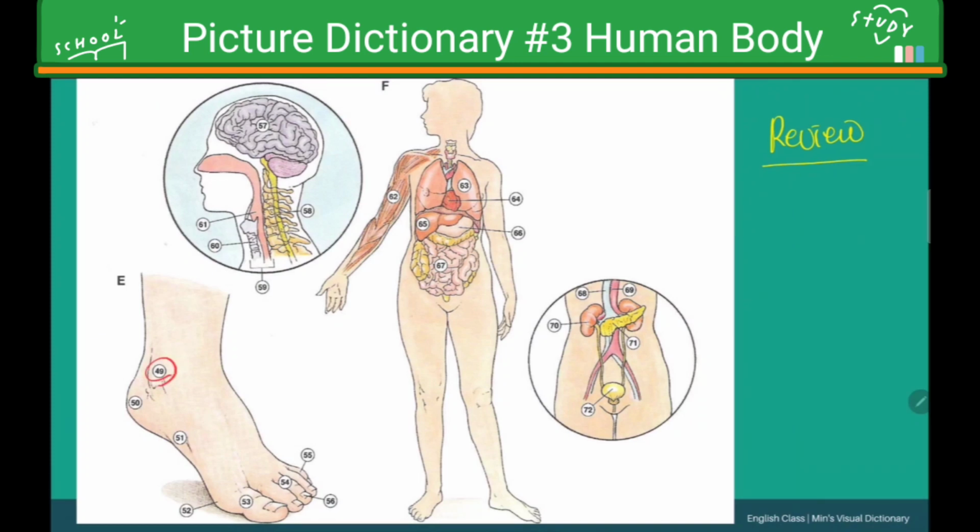Number 49, we have our ankle. Number 50, heel. Number 51 was instep. And 52 was our ball. And our big toe, little toe. And what was 56? Toenail.